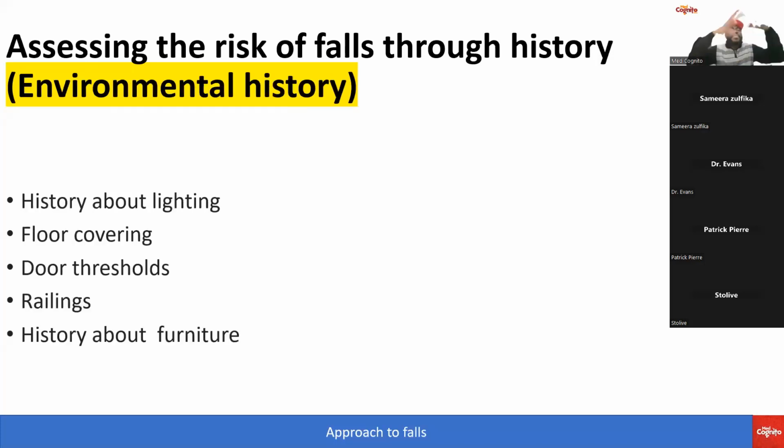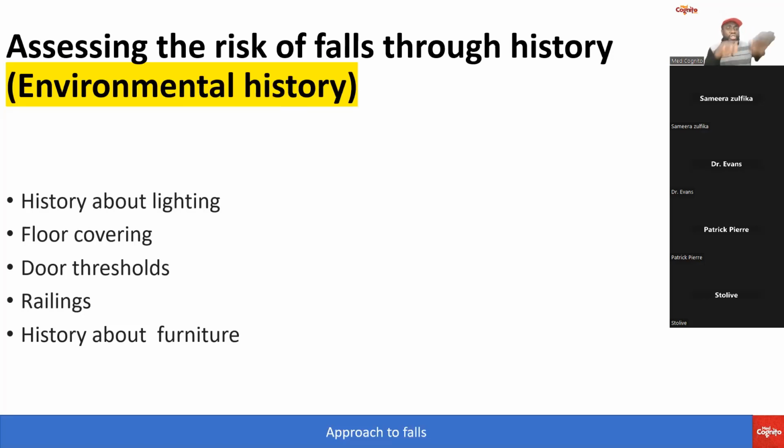What about environmental factors? Because we also said that that is part of the history. Environmental factors that are responsible for fall: number one, lighting in the room. The medical council wants you to know that. What about the floor covering? Is the floor covered well? Does it have any loose covering?